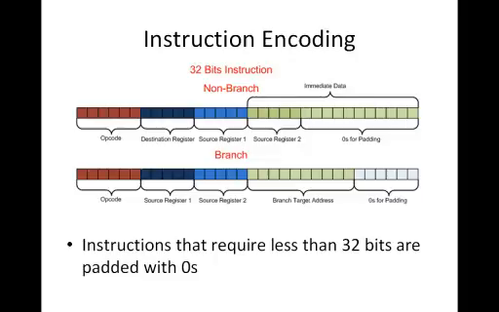We use 5 bits to specify a given register, 16 bits for literals, and 10 bits are used for the address in instruction memory of a branch. And in cases where all 32 bits are not needed, the end is padded with zeros.